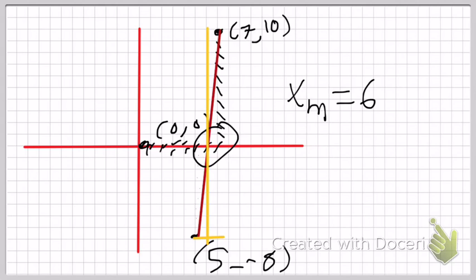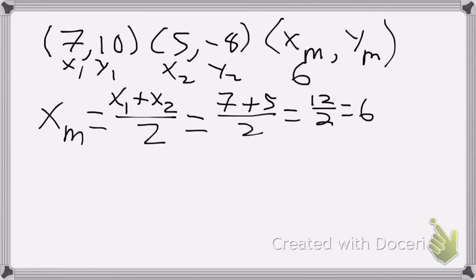So now we're going to look at our y's. Here, let me switch colors really quickly. Let's go purple. Here we're going to be looking at this line right here, and we want to be able to cut that line in half. Now we have the 10 up here and the negative 8 down here.